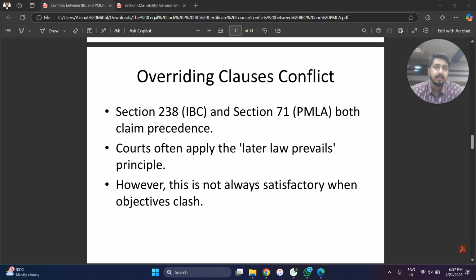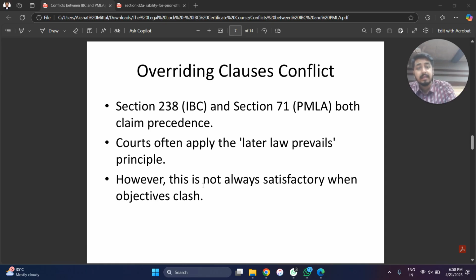So he is more of the opinion that now I may leave the country. But when the PMLA, when the Enforcement Directorate is on his back, the ED is attaching his properties, attaching his bank accounts. So ED is trying to create a vicious circle to trap that particular accused. But if the IBC is given precedence over PMLA, then trapping the accused may not be possible, because then ED won't have anything in their hands to get hold of that particular accused.